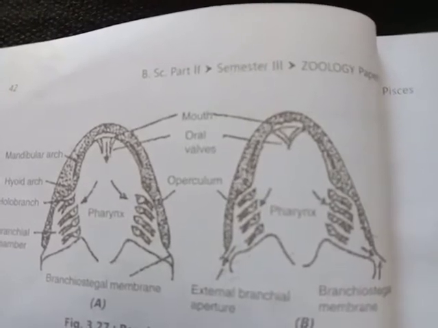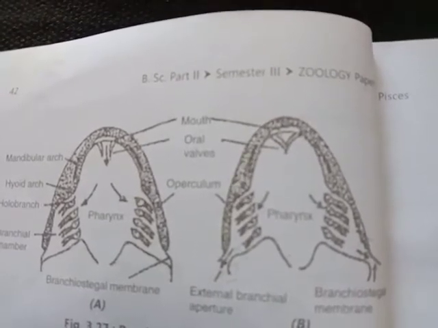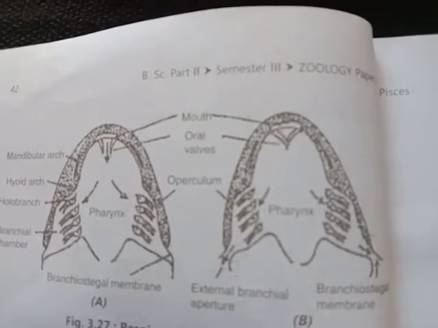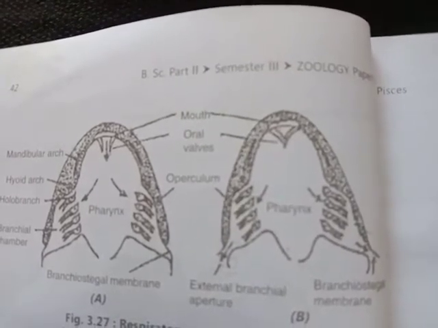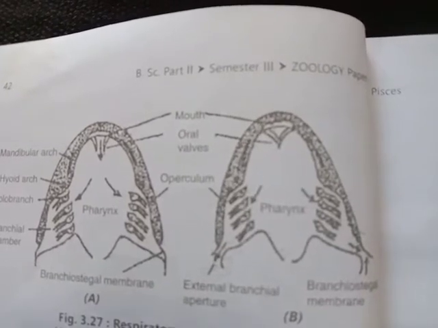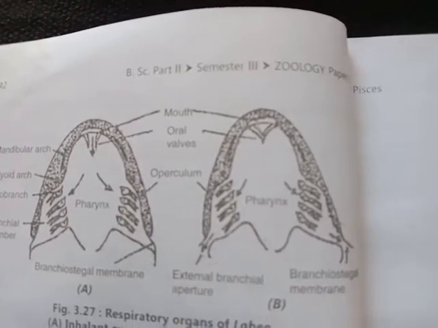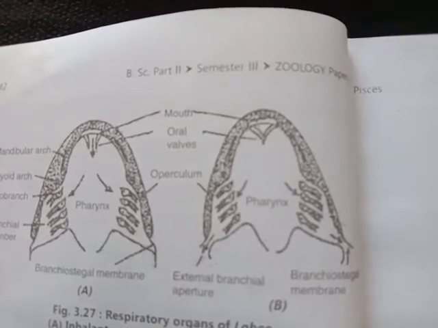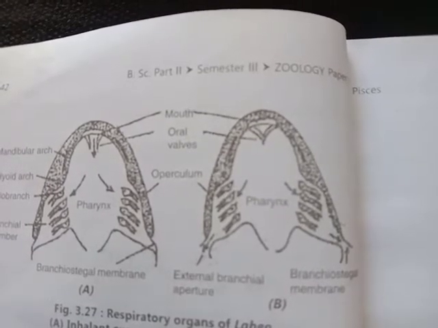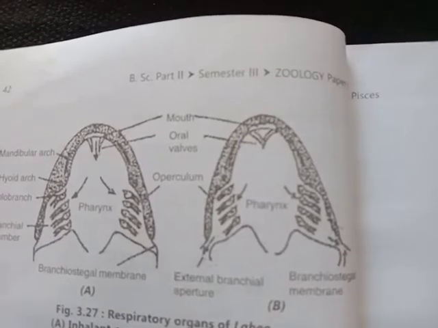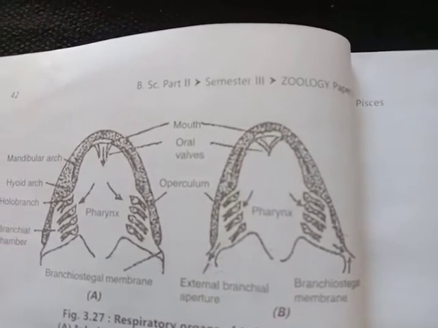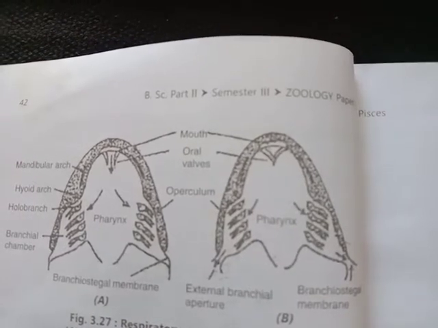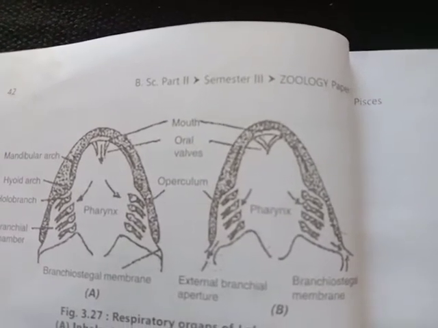This membrane also extends behind towards the body wall, where it acts as a valve. It maintains unidirectional water flow. That means it allows water only in one direction, that is from the gill chamber to the exterior and not the reverse.